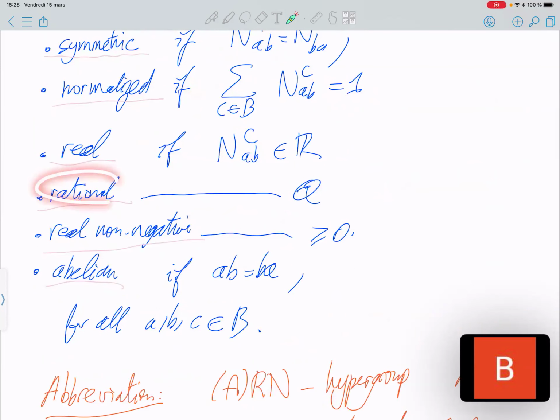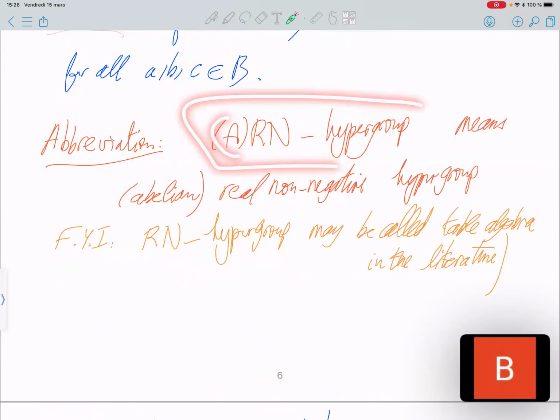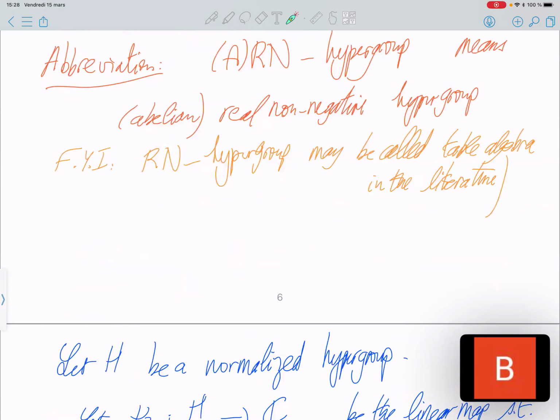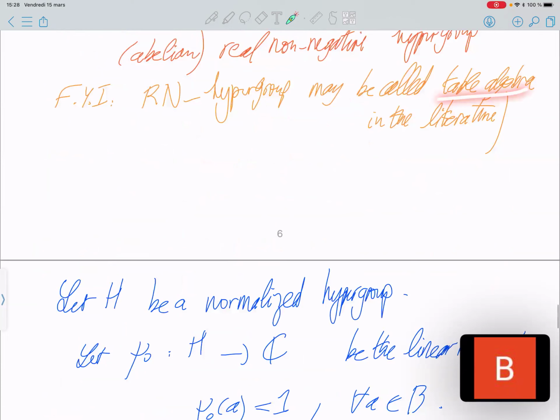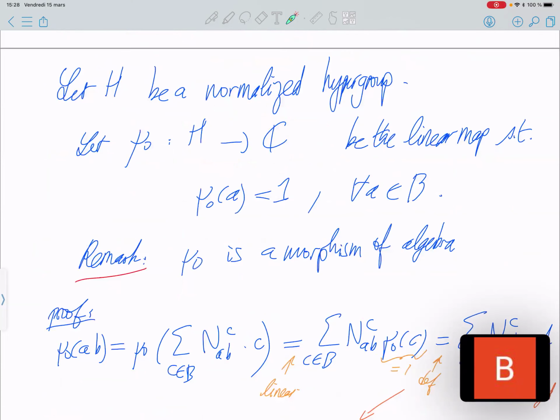Real, rational, etc. So in fact, real, rational, real non-negative is everything about the coefficients, which are real, rational, non-negative, and abelian, as you can expect. So we may use this kind of abbreviation, abelian, real, non-negative. So real, non-negative hypergroup are sometimes called the table algebra.